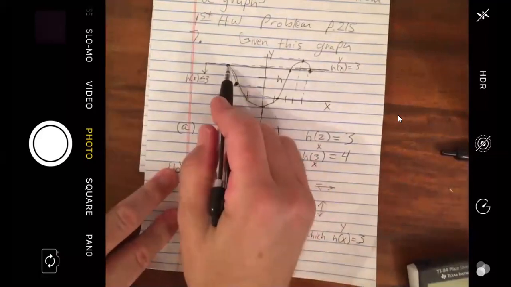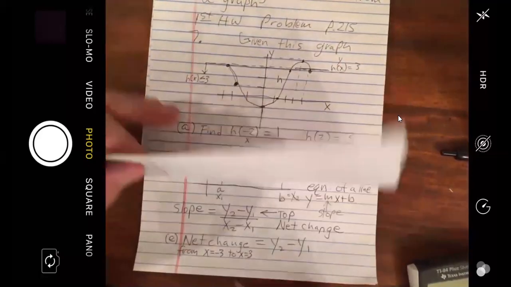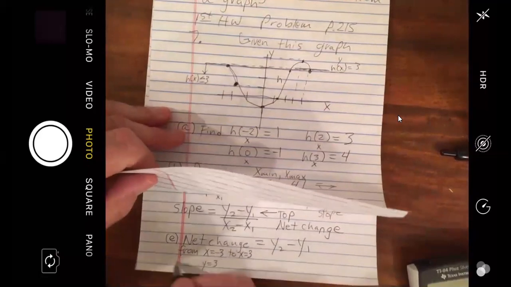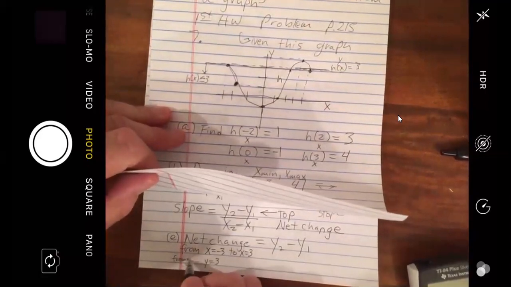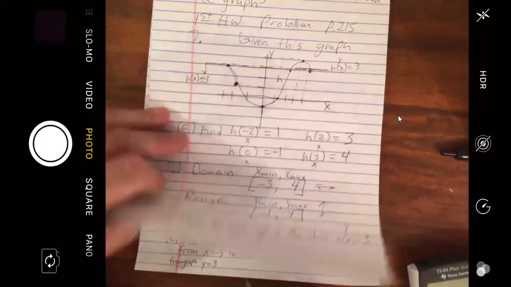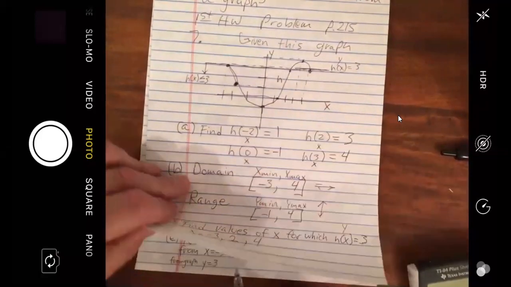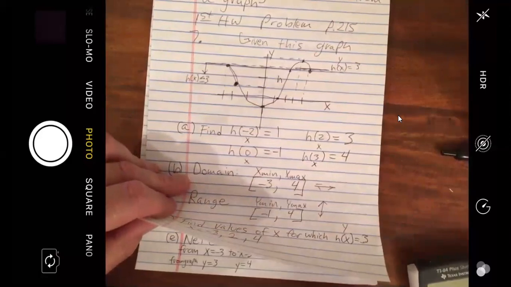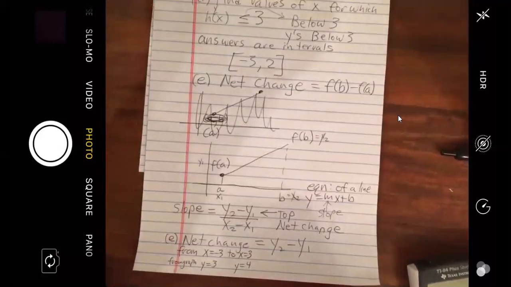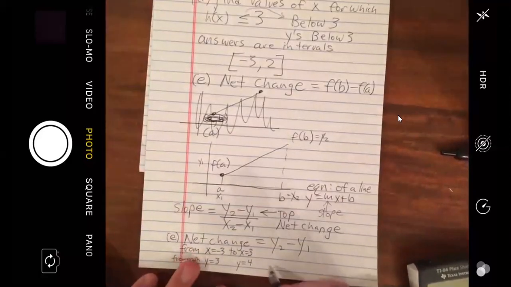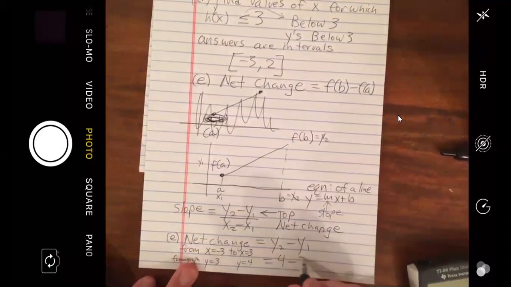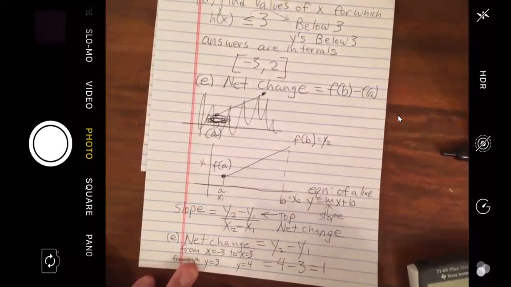That would be 3. This means y equals 3 from the graph. X equals 3, it was 4. Y equals 4. So it's literally just a matter of going 4 minus 3, which is 1.